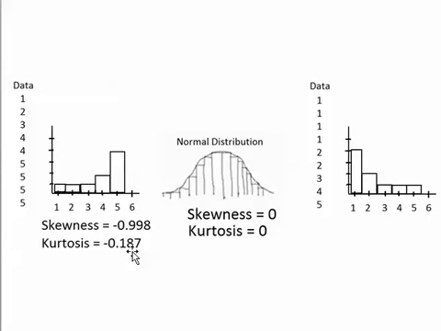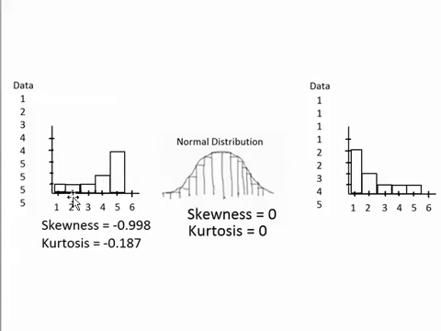Meaning most of it is fairly flattened out. There is this peak right here, but if this peak went up higher and it was more of a sudden peak, if it was taller and went up really abruptly, that would be more of a positive kurtosis.